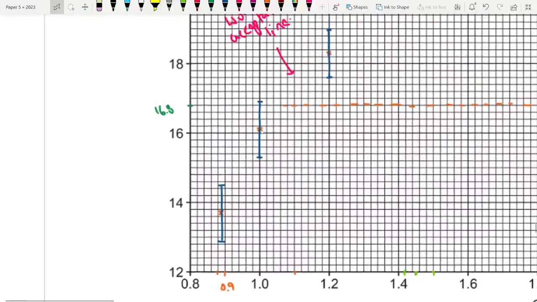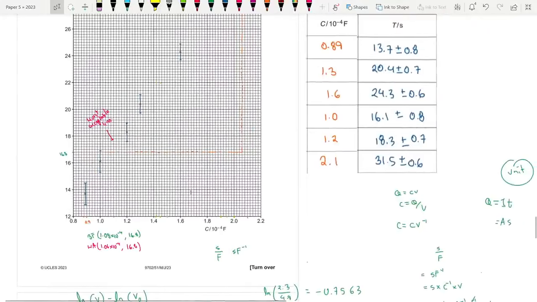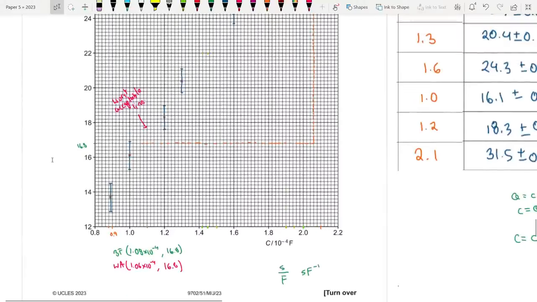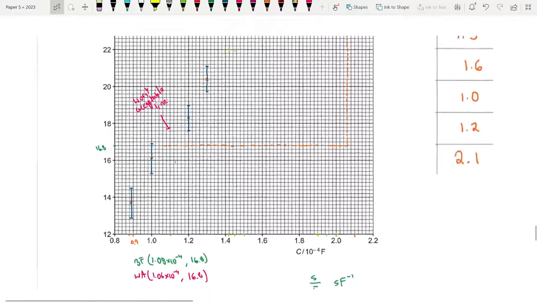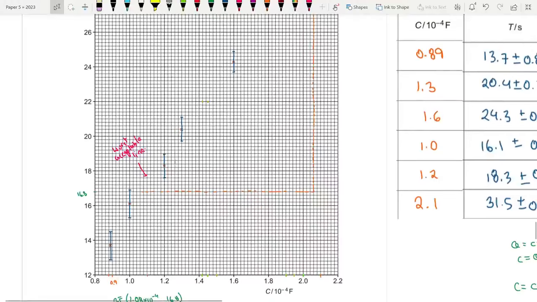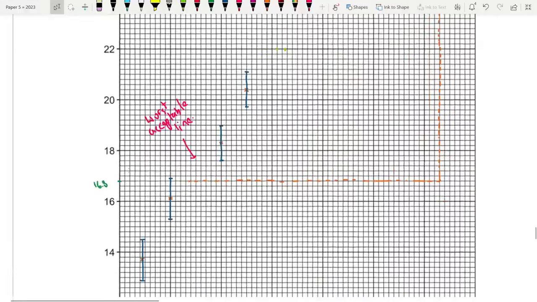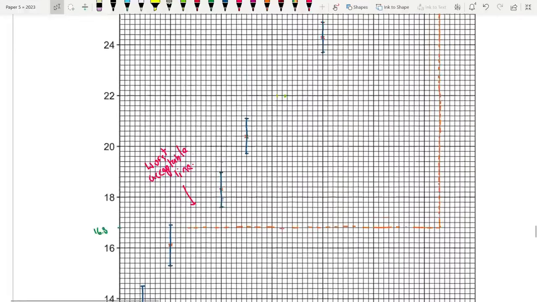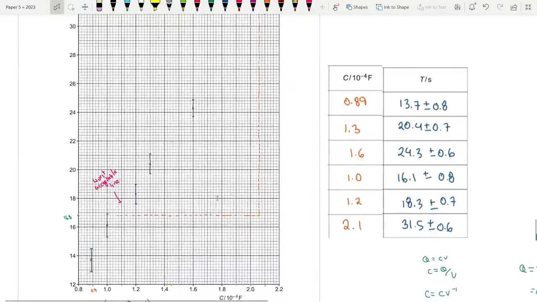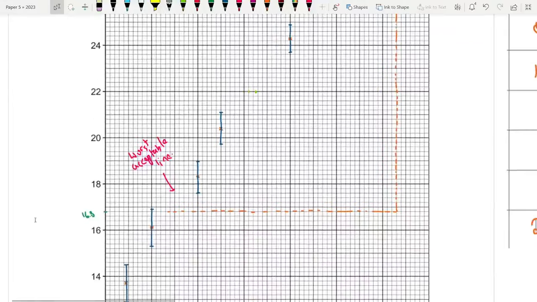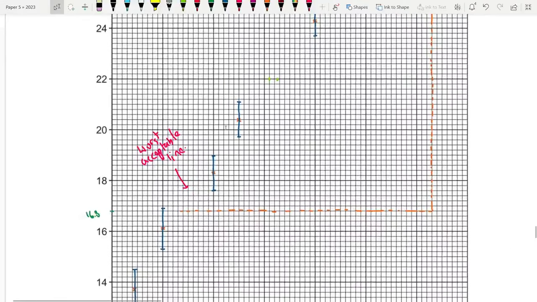Then you have 1.2, 18.3, 1.5 boxes after 18. Then for 1.3 we have 20.4. 1.3 is in between 1.2 and 1.4. That is like 2 boxes above 20.